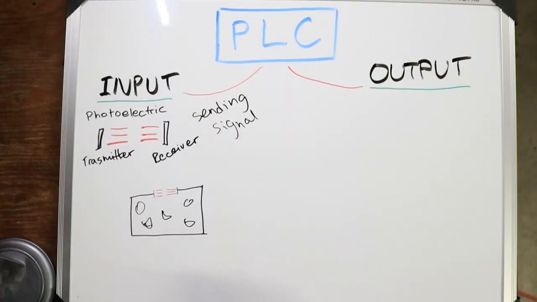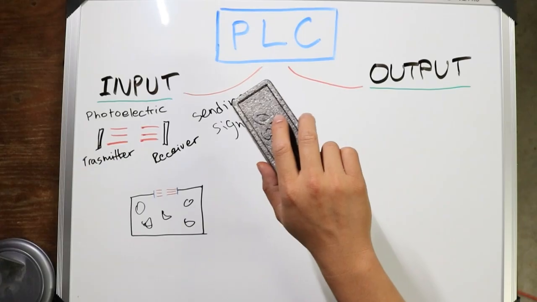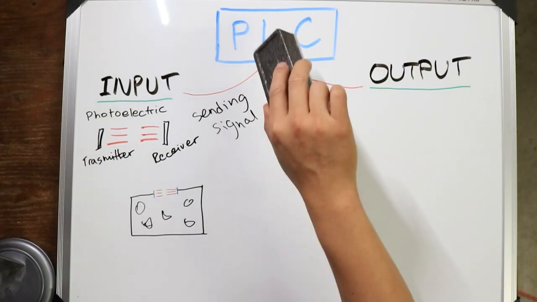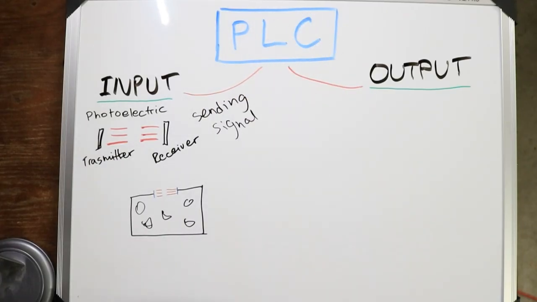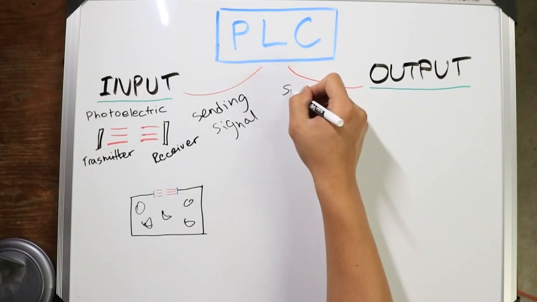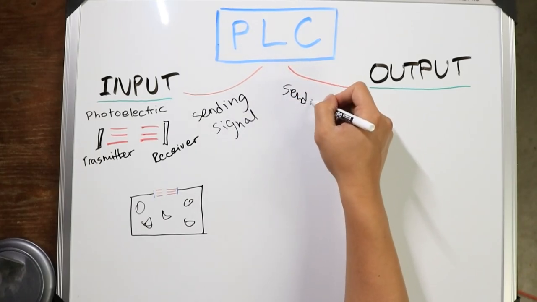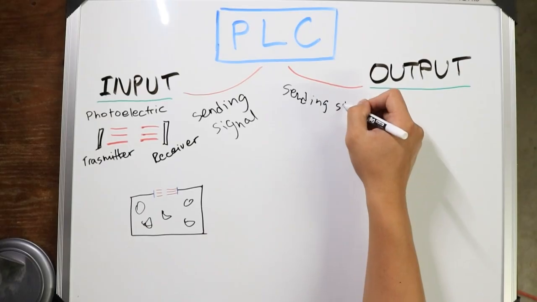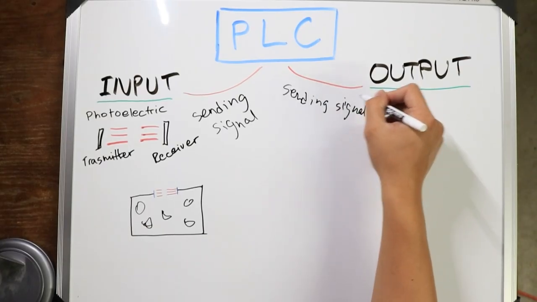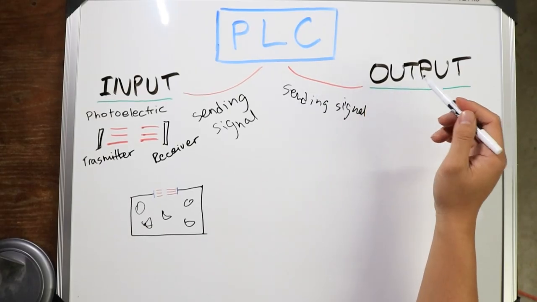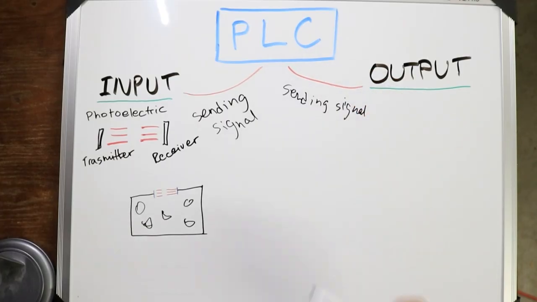Depending on how you program it, the PLC will send the signal to the output, and the output is receiving that signal. So it's basically flip-flop, it's reverse. So that's one example of an input.